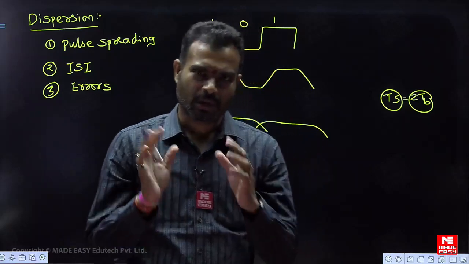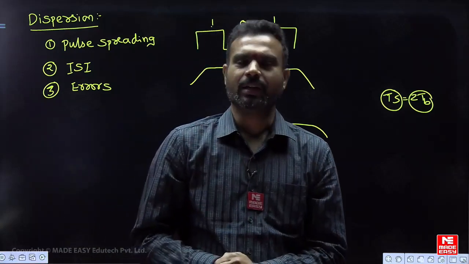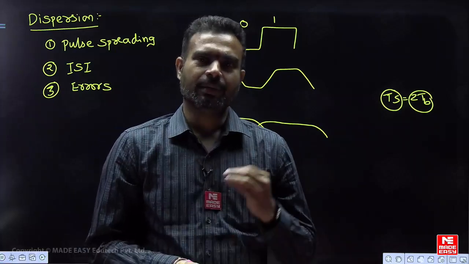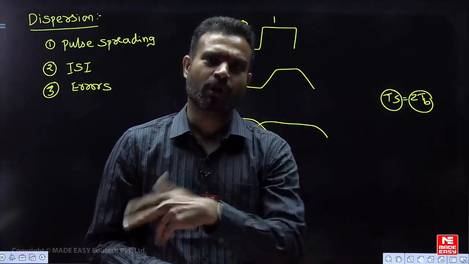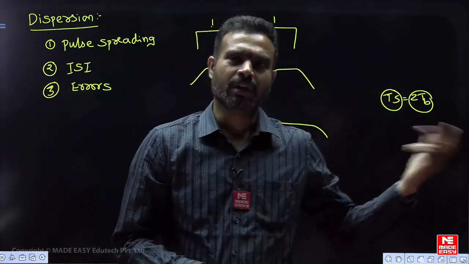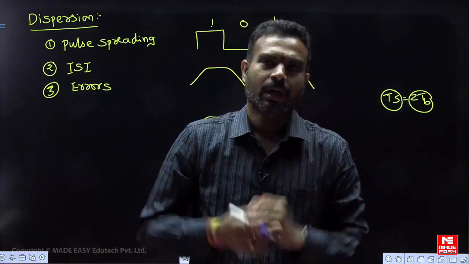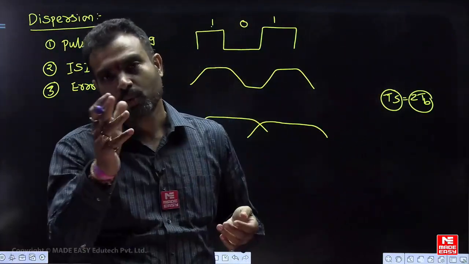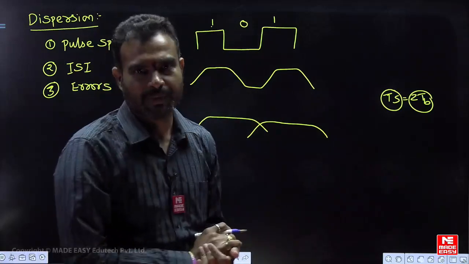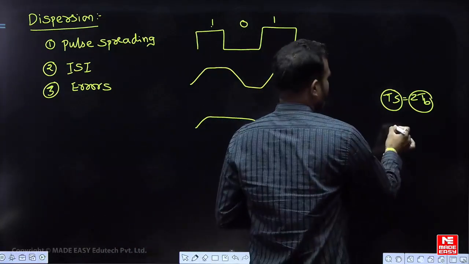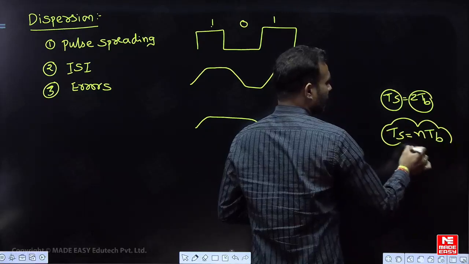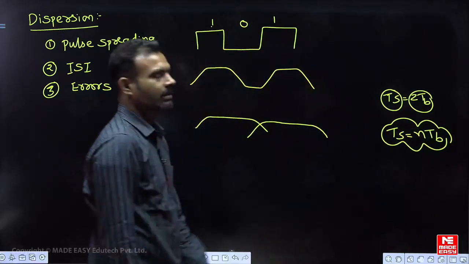In communication we studied BPSK, ASK, and FSK, where we focus on only 1 bit, so TS and TB are both the same. But in QPSK, TS is equal to 2 times TB. The general formula is TS equal to N times TB.